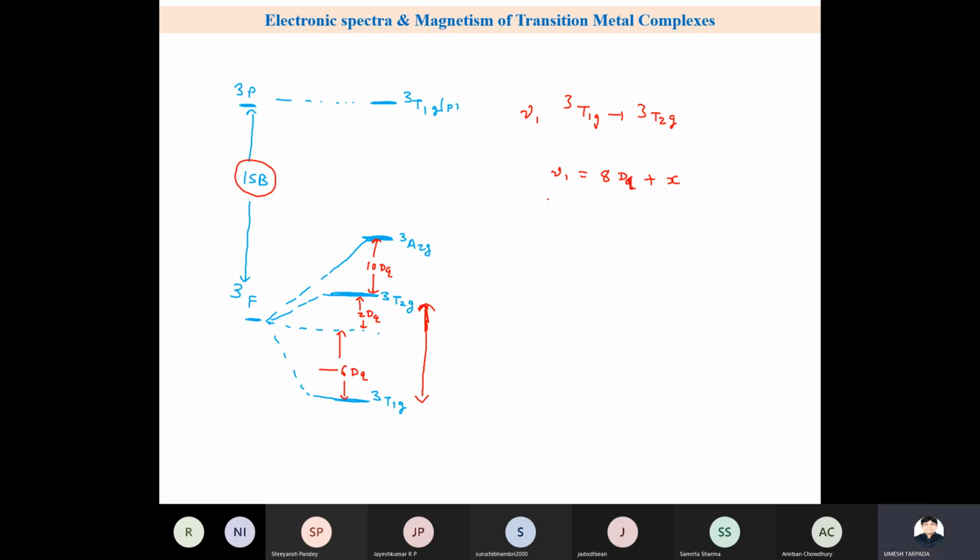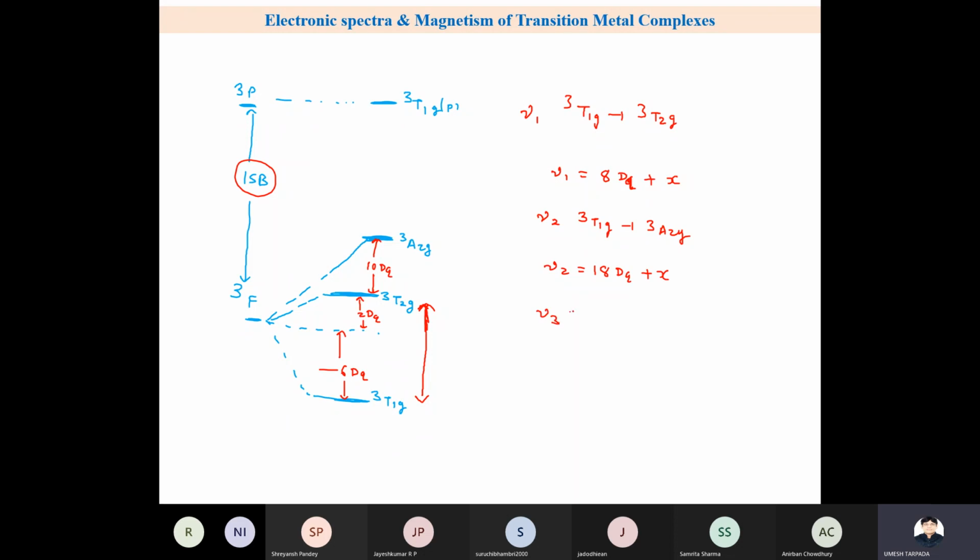What about ν2? ν2 is a transition from triplet T1G to triplet A2G. How much will it be? 18 dq. So ν2 is equal to 18 dq plus x.